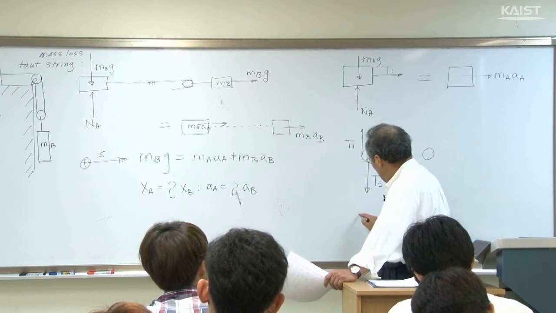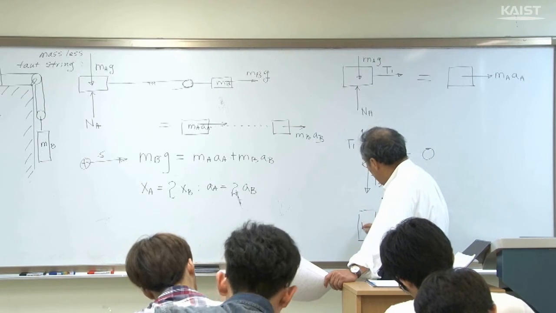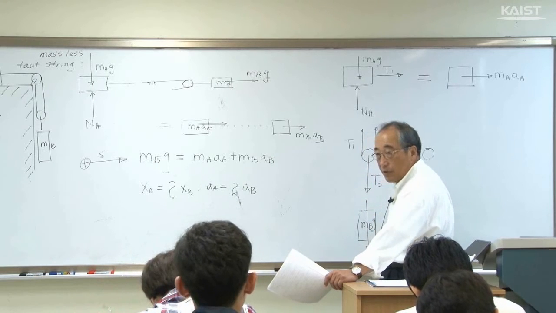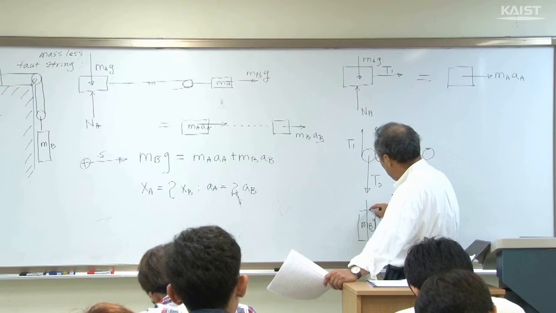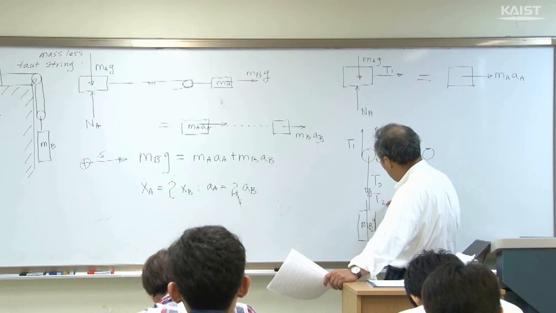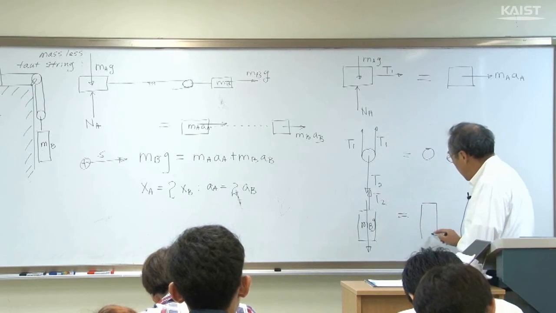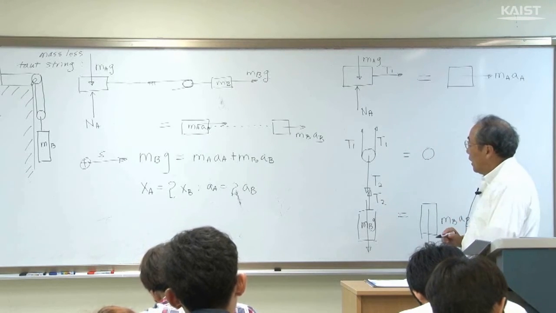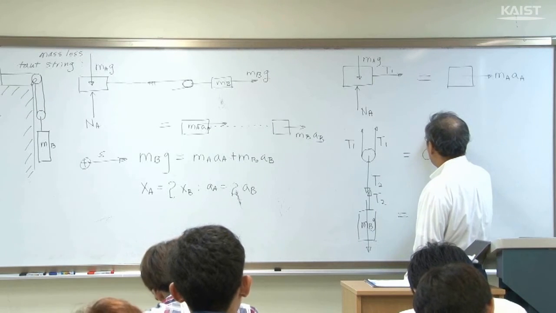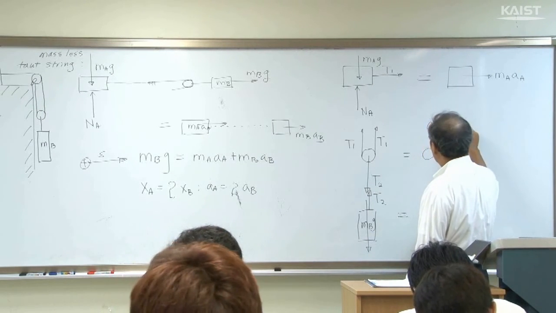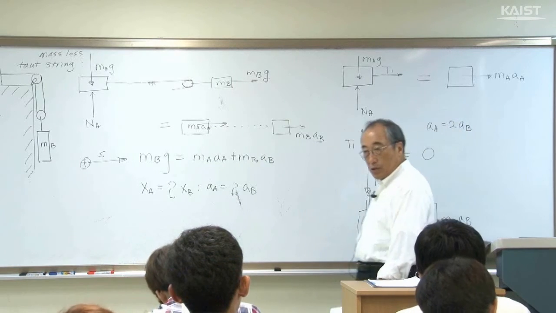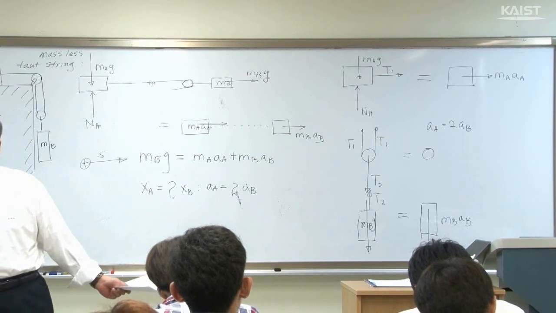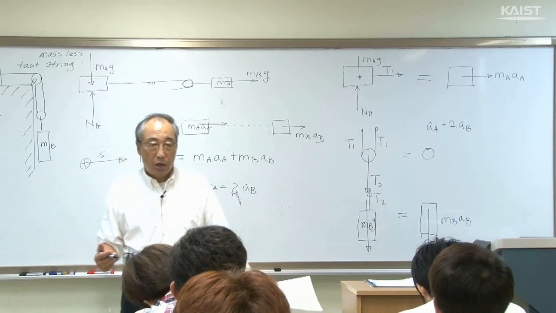And I can write here another mass, MB, which experiences some gravitational force, and there should be tension T2, and that has to be equal to MB AB. Again, we use the constraint AA is equal to 2AB, and we can solve it. And my question is why the solutions of these two approaches are different.